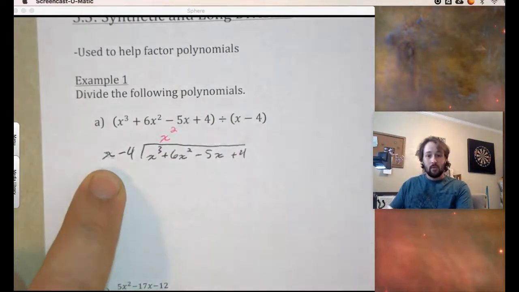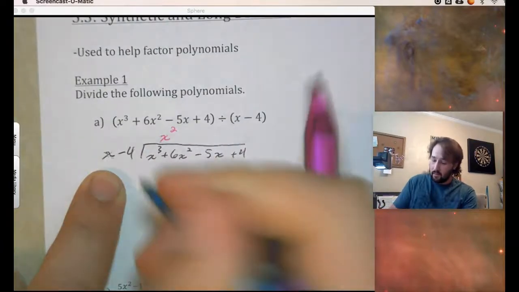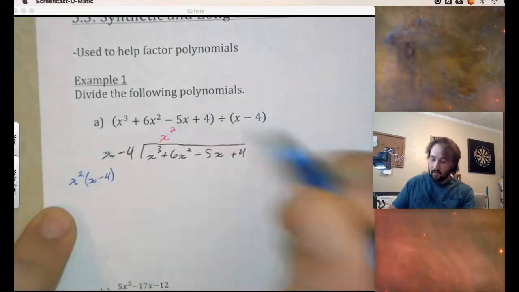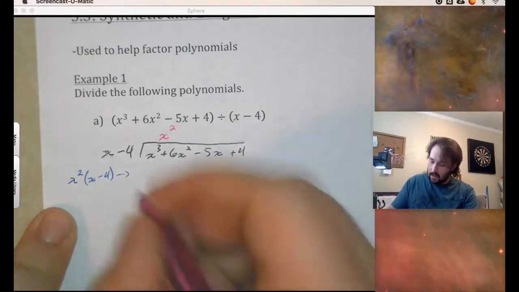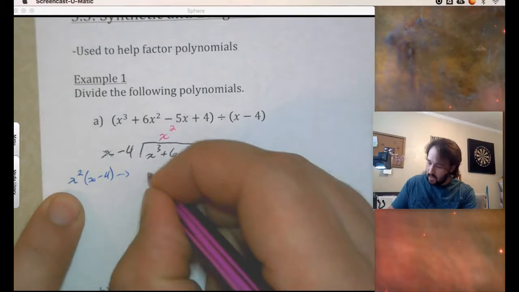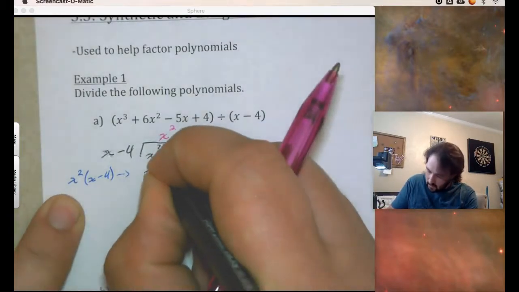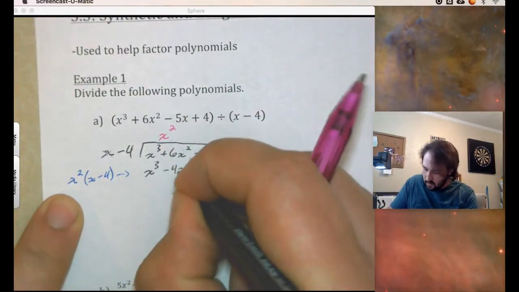So now I am going to multiply that x squared by x minus 4, just like we did in the other division, and that's what's going into that line that I subtract. So x squared times x would be x to the third, and then x squared times negative 4 would be minus 4x squared.